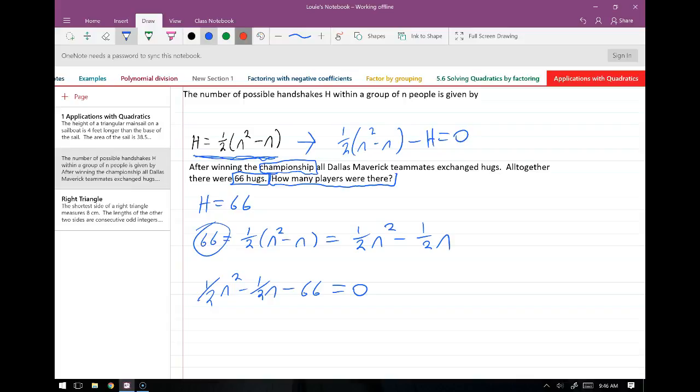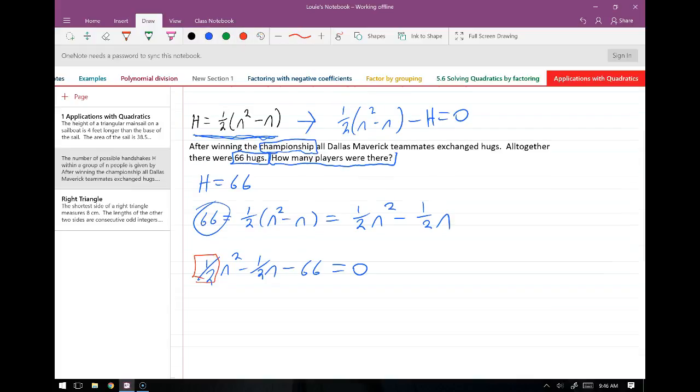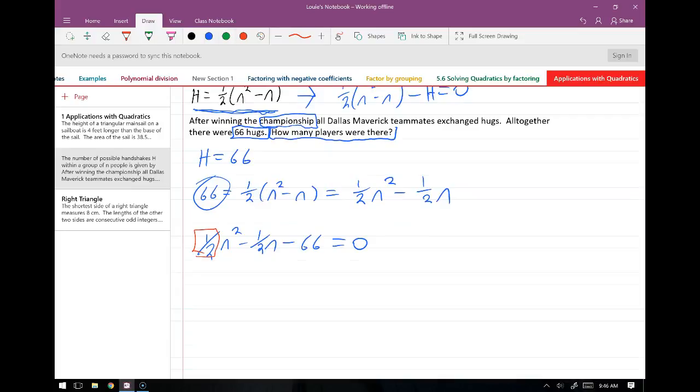And just like one of the other problems we did like this, we have a 1/2 in front of the n. We don't like that. It makes things confusing. So we're going to multiply both sides of this equation by 2 to get rid of that, right? If this was a 1/3, then we'd multiply both sides by 3. If this was a 1/10, then we'd multiply both sides by 10, right? Whatever it takes to get rid of that fraction.